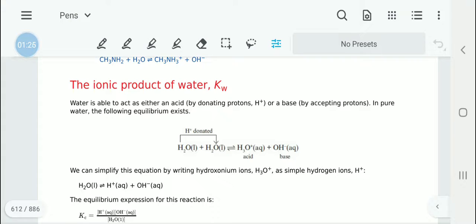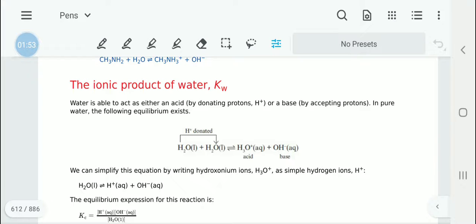Usually, H2O, that is a single molecule of water, will donate an H+ to produce an ion known as the hydroxonium ion, H3O plus. Then the H3O plus ion has an extra proton, and if something has an extra proton, we know that it is the acid.